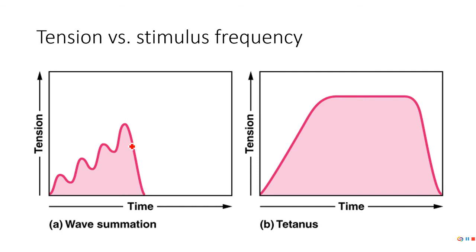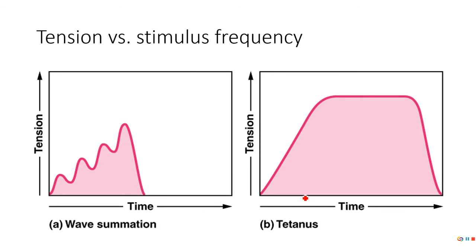There is this relaxation period, but if we generate an action potential before it's all the way relaxed, we generate more tension and more tension and more tension. If we ever get to where we're generating maximum tension, it's because we've got complete and sustained stimulus, and that's tetanus.